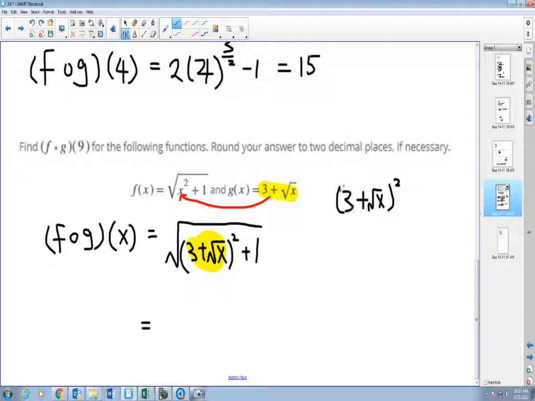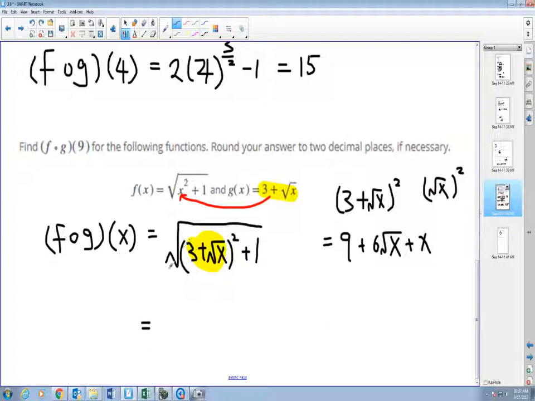Alright, so perfect square binomial tells me that will be a squared plus 2ab. Take a number 2 times my a times my b. That will be 6 times square root of x, plus my b, whole thing squared. Square root of x whole thing squared will just be x.